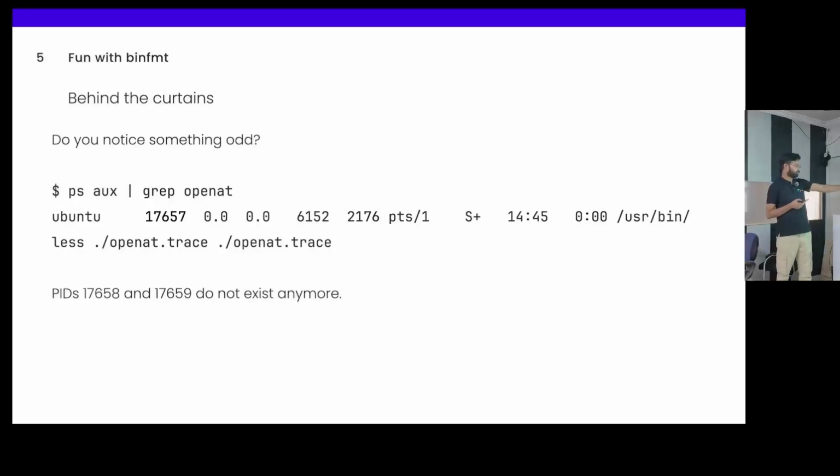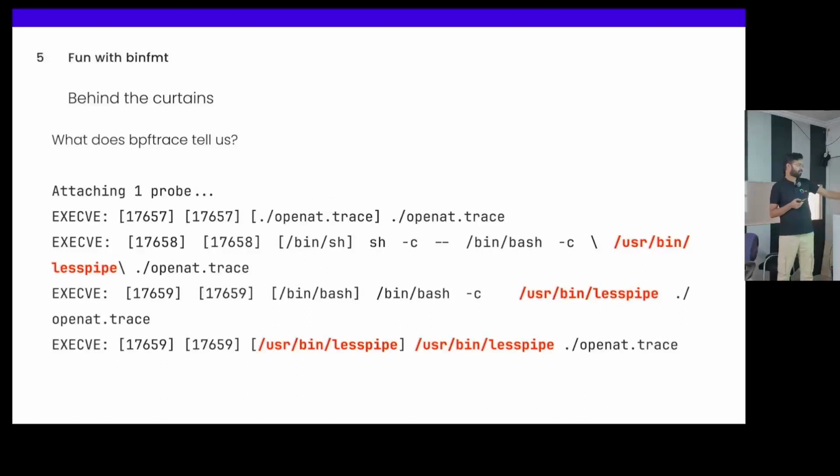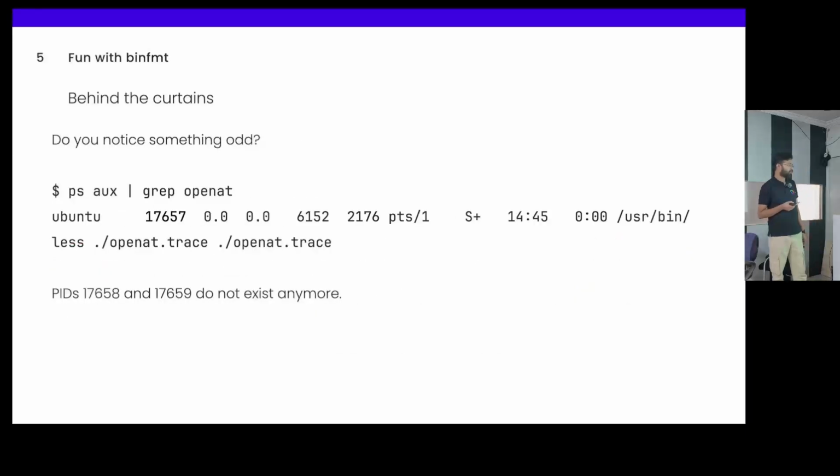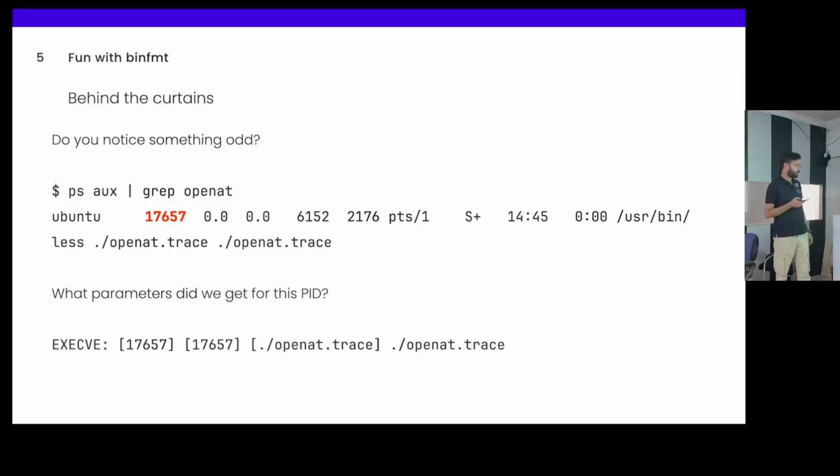Okay, and now if you see here, the original PIDs were these two, 17657, 17658, but if you go to see here, you see that 658 and after that 659 both do not exist anymore. So if you see for this PID, if you want to go back and see what parameters you got, the parameters were this.